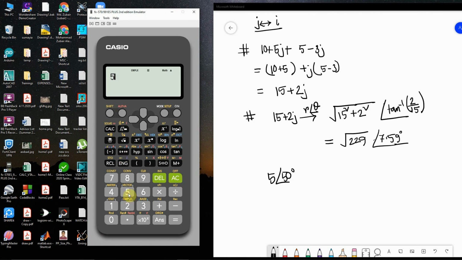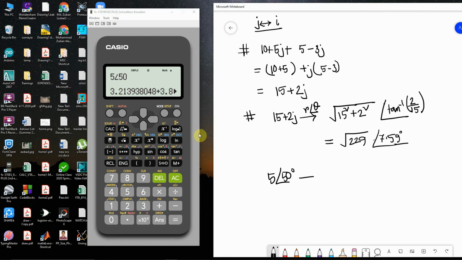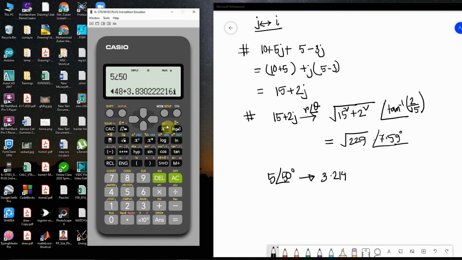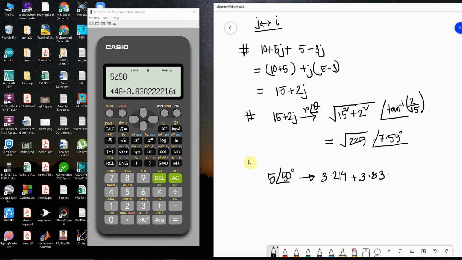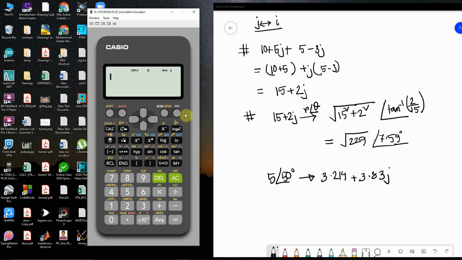Again I'm repeating: press 5, then press shift, and there is an angle sign, just press this one, then 50. 5 angle 50 degrees, press equals, and you get the answer in Cartesian form, 3.214 maybe, plus roughly 3.83j. So see how we have converted it and how we have written the angles.